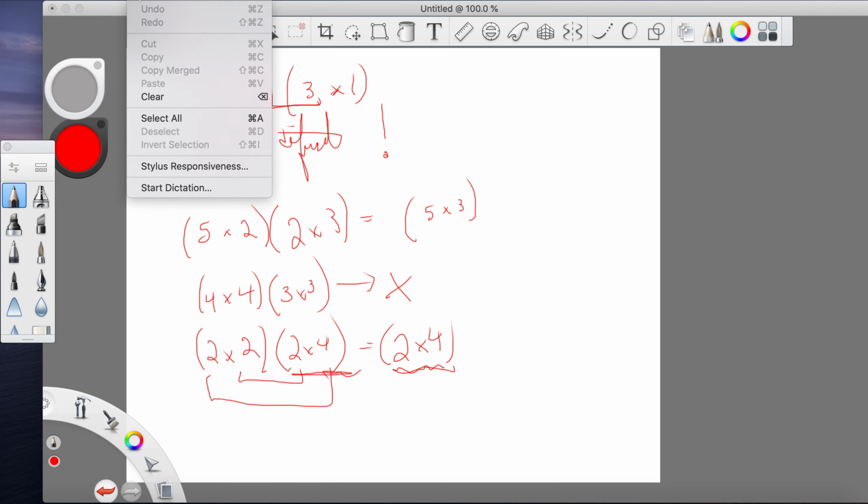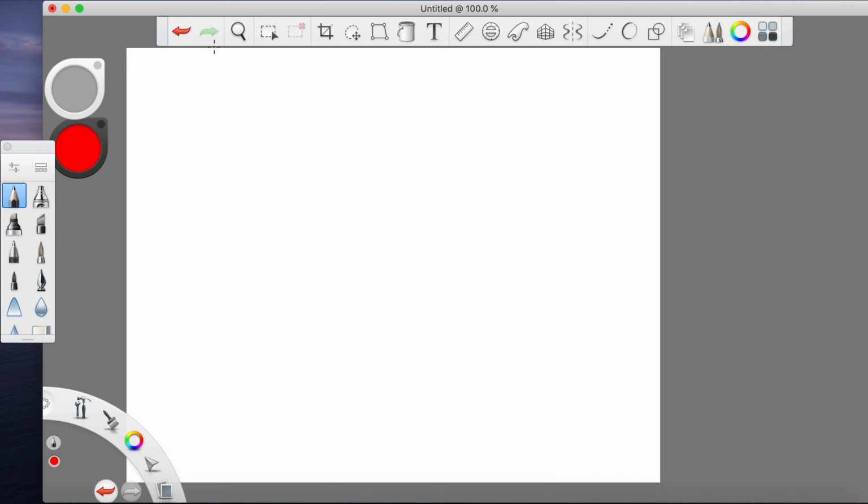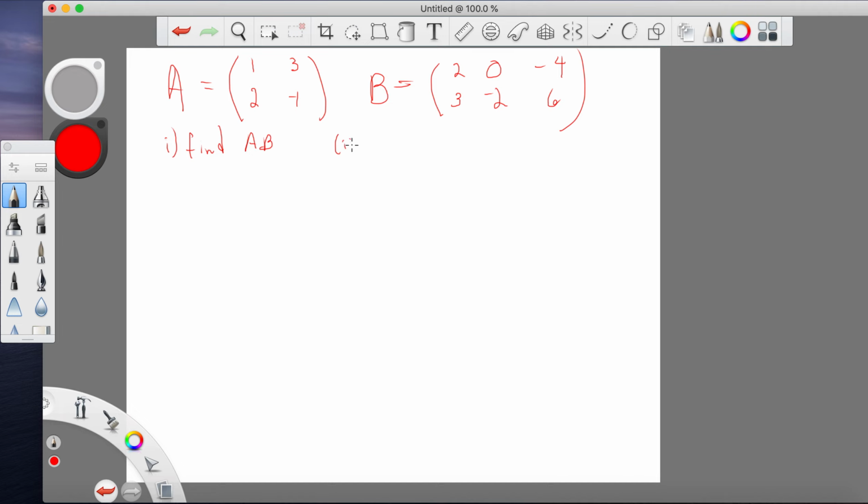Okay, so now that we have got some practice, we're going to do some actual matrix multiplication. So suppose A is equal to 1, 3, 2, negative 1, and B equals 2, 0, negative 4, 3, negative 2, and 6. So there's two parts to this question. Part 1, find AB, and part 2, find BA.